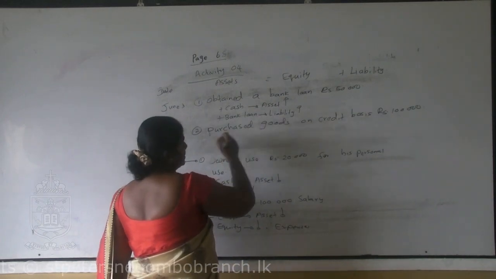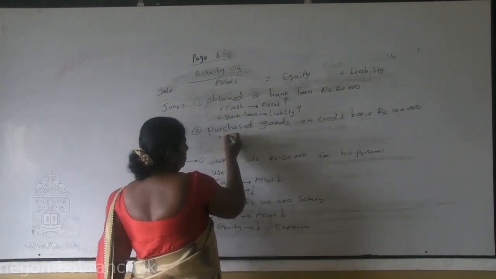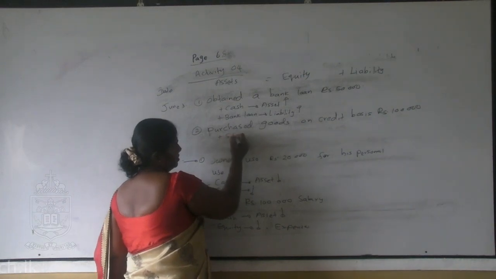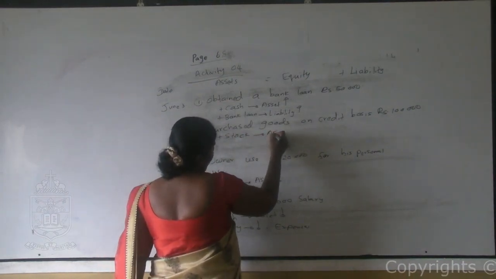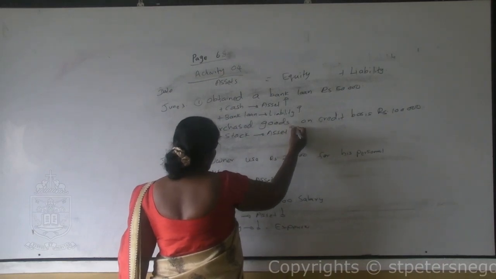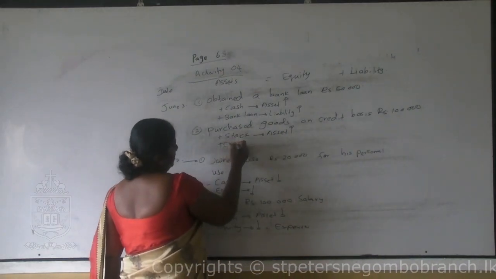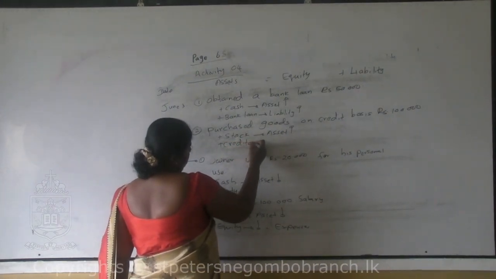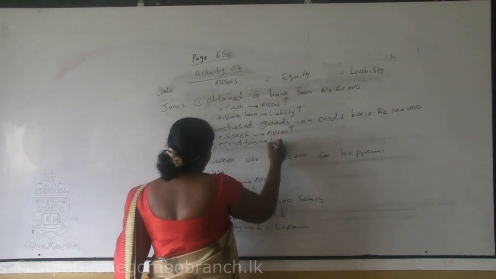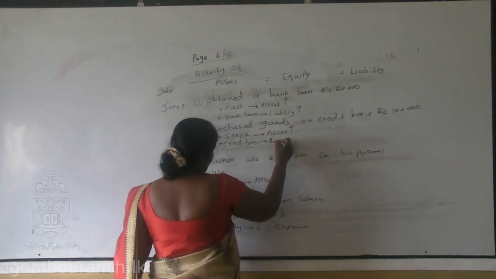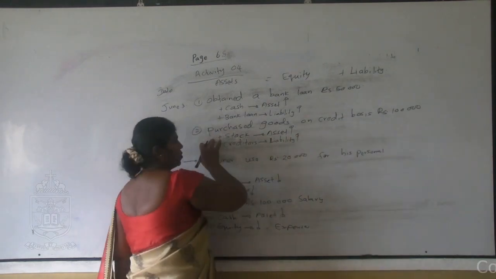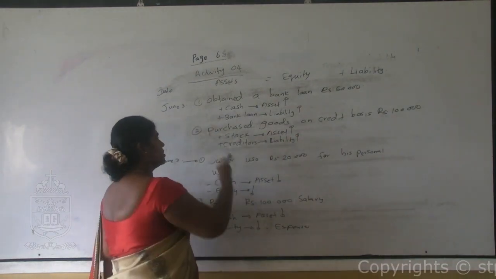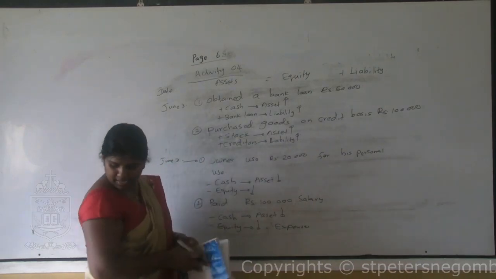Creditors means liability. And stocks means it's an asset. Stocks increase because it's an asset. Creditors increase because it's a liability. So, stocks increase, creditors increase because of this transaction.